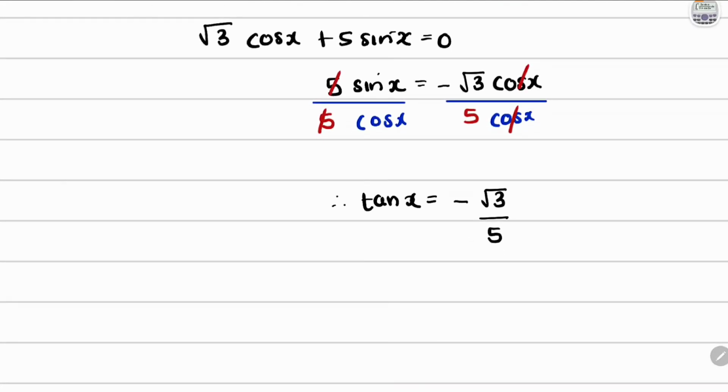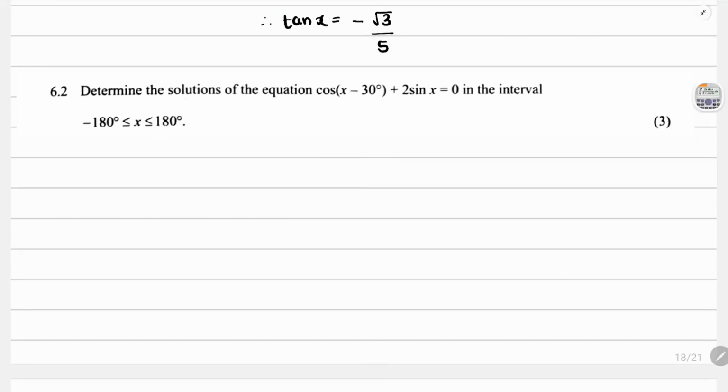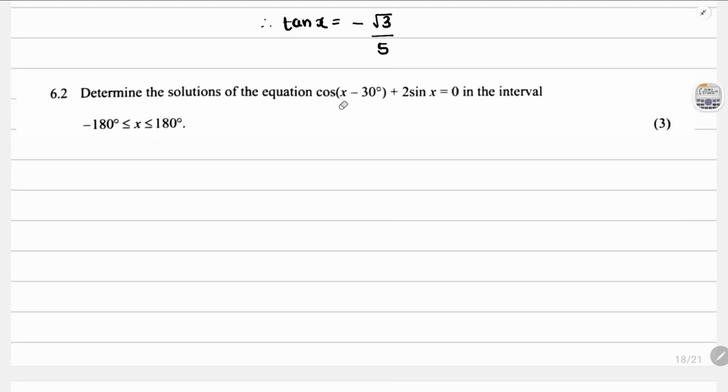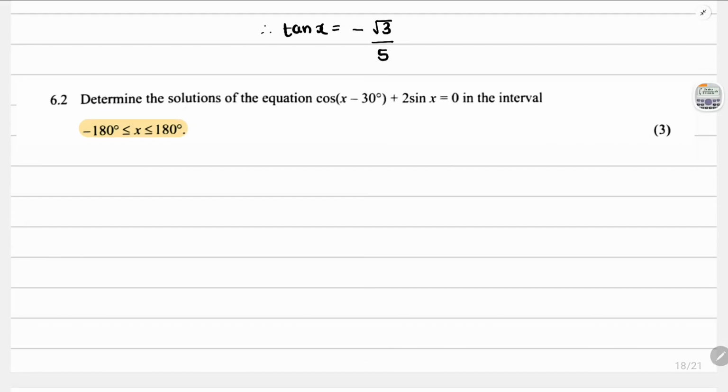Okay, moving on to the next question. 6.2 says determine the solutions of the equation, and we have cos(x minus 30 degrees) plus sine 2x is equal to 0. Okay, so it's still the same equation they're referring to, but we just need to actually solve for x in these intervals. Okay, so let's go ahead and find that.